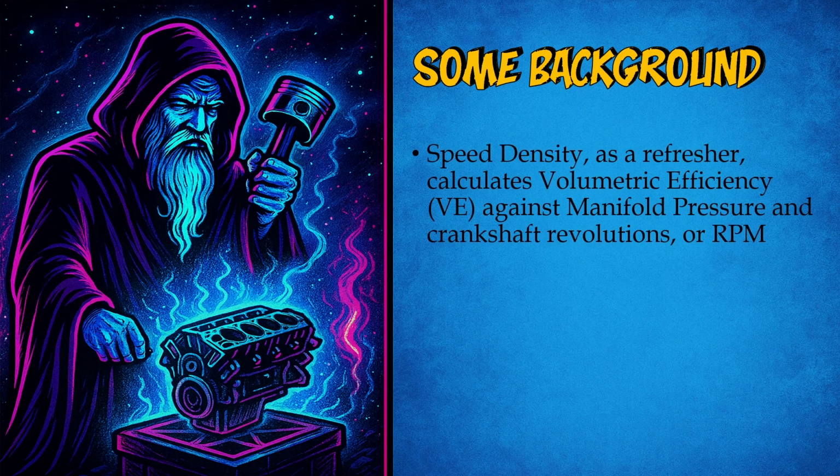Speed density tuning, just as a refresher, unlike MAF, which I won't get into here, it's calculating volumetric efficiency, and it's doing it in a 3D chart against manifold pressure on one side and the crankshaft revolutions, RPM, on the other. And basically it says, I know from the geometry of the engine the volume of each of the respective cylinders.